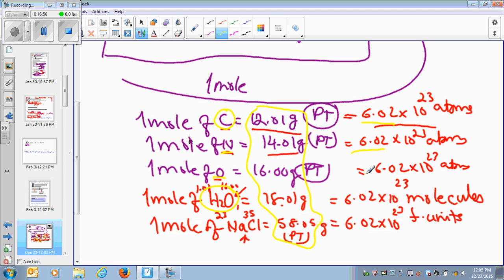This number stays the same. No matter what I have here, elements, compounds, covalent compounds, ionic compounds, it doesn't matter, this number does not change. The units may change, atoms or molecules or formula units, but the number doesn't change. But when it comes to mass, the mass that I get from the periodic table would of course change.